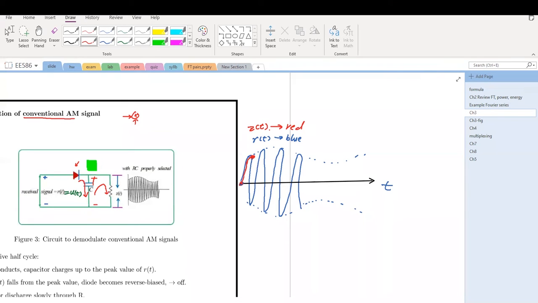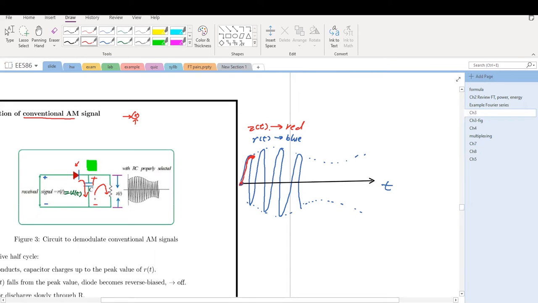When the input decreases lower than the output, remember this red is the output and the input is changing. So at this point now, the input starts moving lower than the output, so the diode is going to be off.